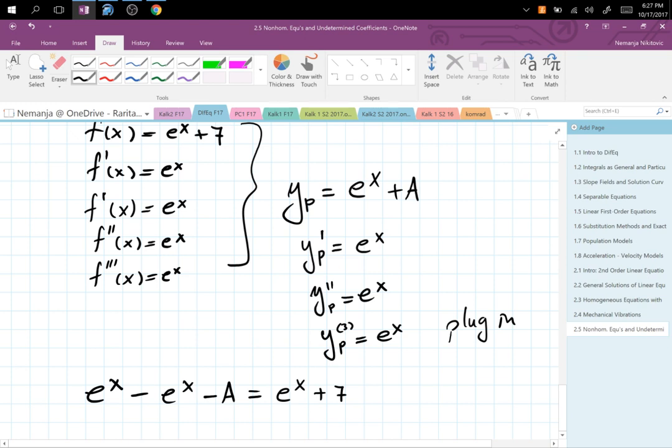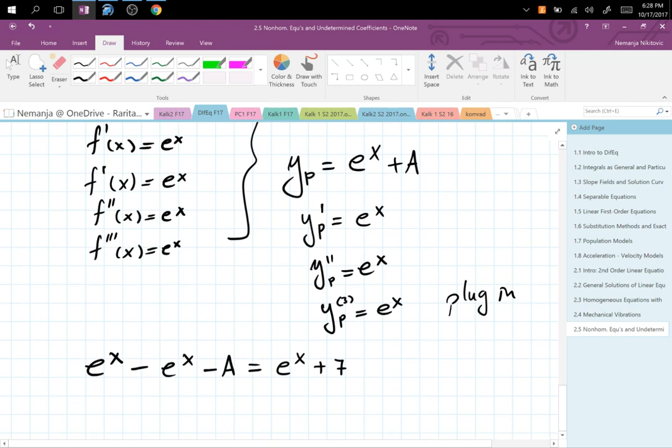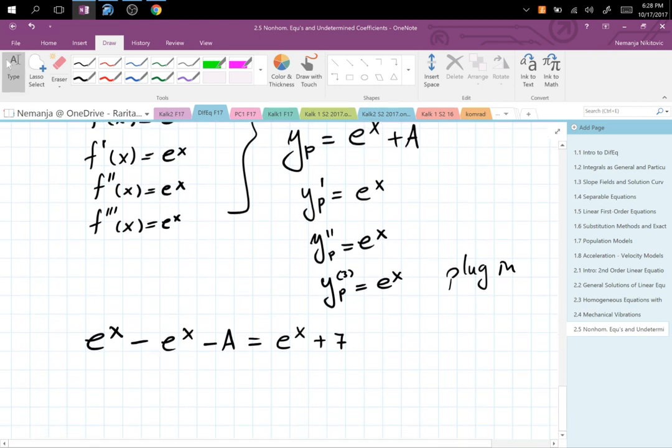I don't like this, because my e to the x is cancelled. Yes, there is a problem. Oh, and a is negative, yeah. So a is negative e to the x minus 7.